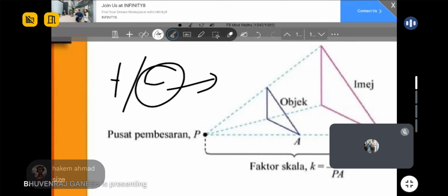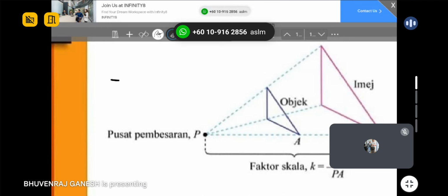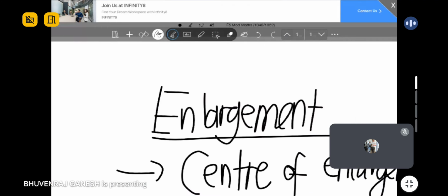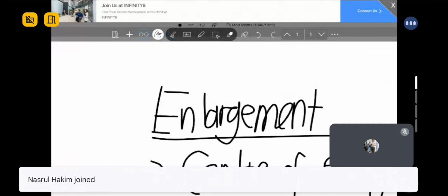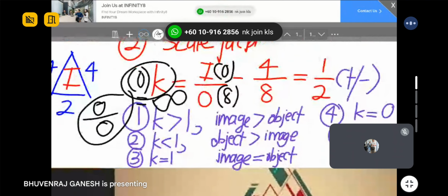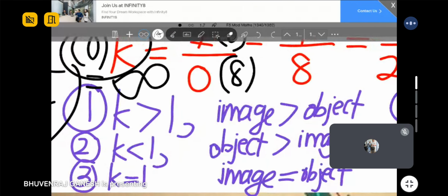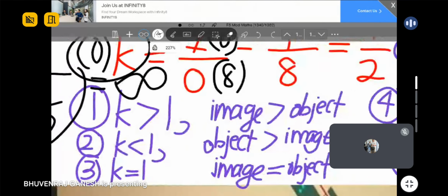Okay guys, common misconception, kesilapan yang lazim. It's not about the size. Dia bukan bermaksud image kecil tau. If you look at the previous slide, can you see that even though the image is smaller, faktor skala masih positif. Am I right? Your scale factor is still positive.